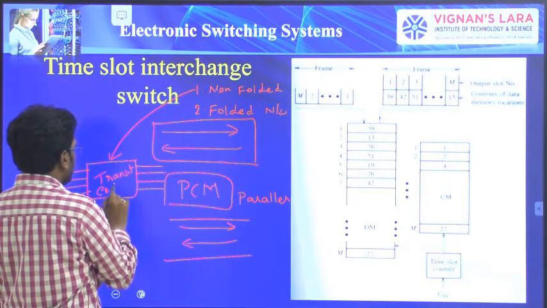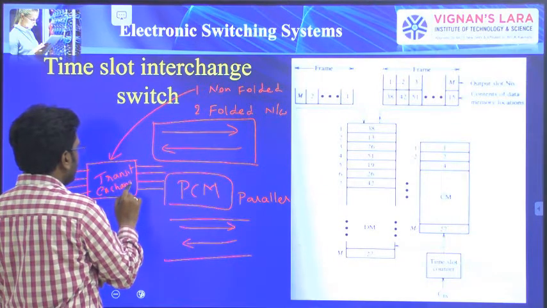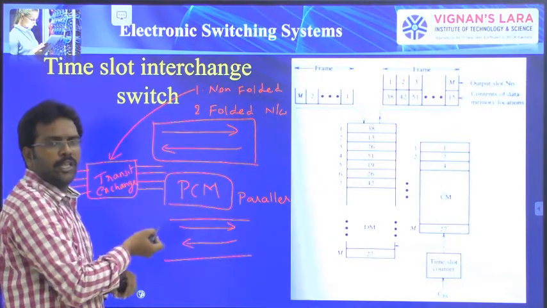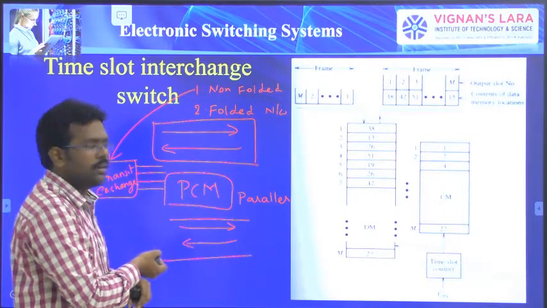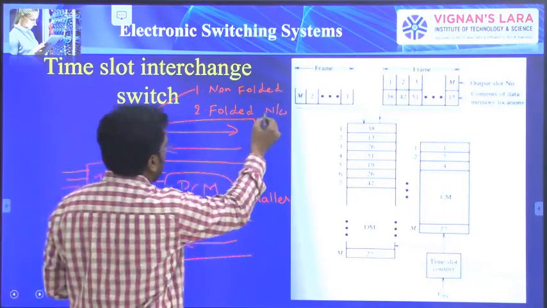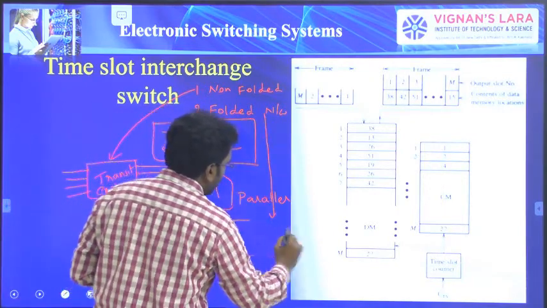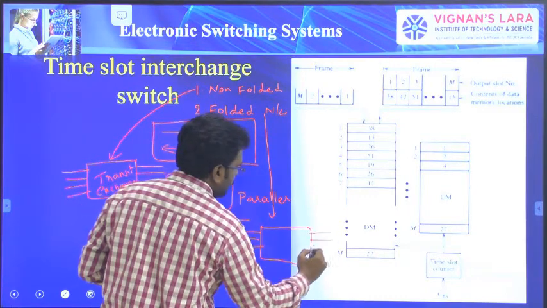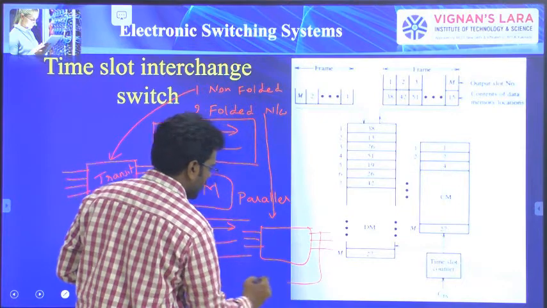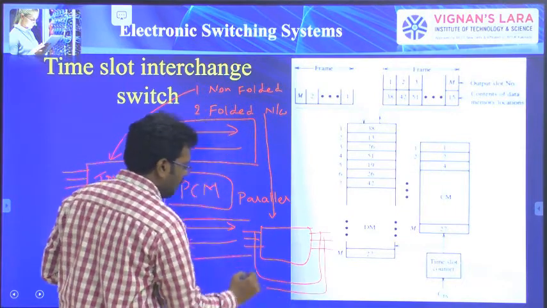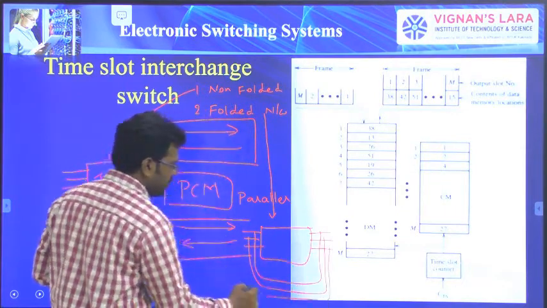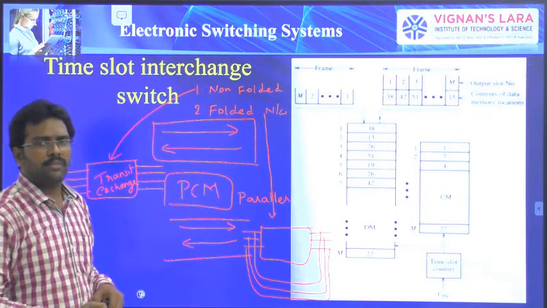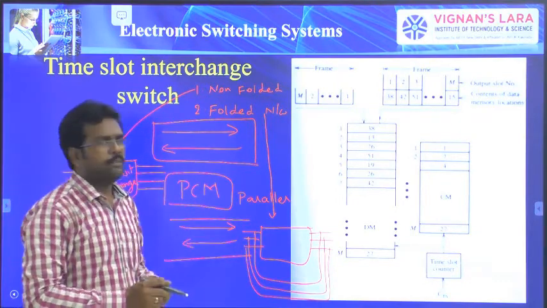Transit exchanges are only used to transmit the data from one exchange to another exchange, so there are no subscribers. What is the meaning of a folded network? In folded networks, the outlets are connected to the inlets. So here you are able to perform local calls. Whenever local calls are required, definitely you have to go for a folded network.